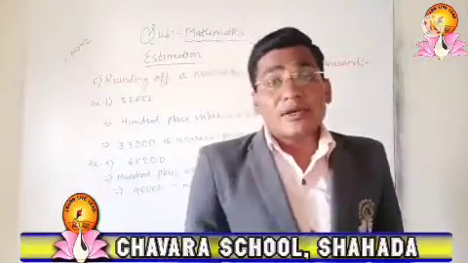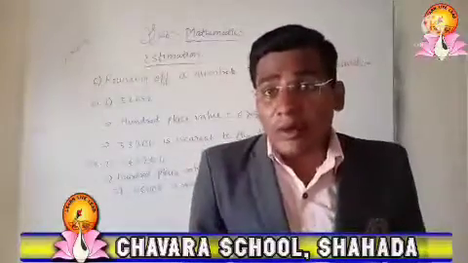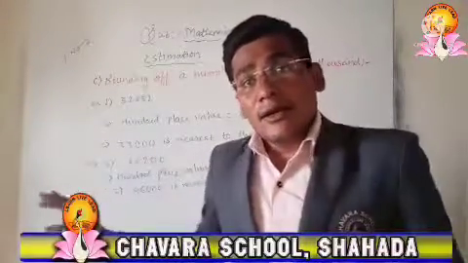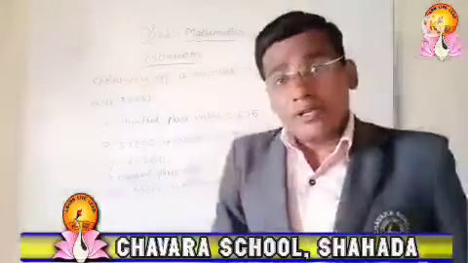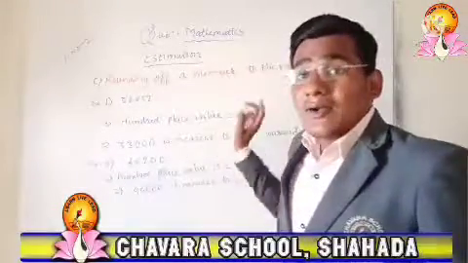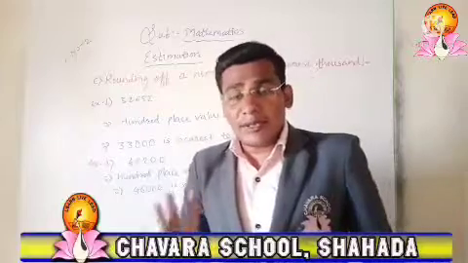And if the values are equal to 5 or more than 5, then you have to add 1 to the place we are rounding off to. This is the rule, you have to keep it in mind.